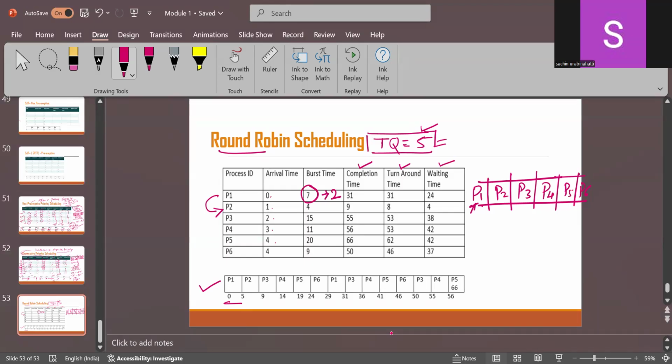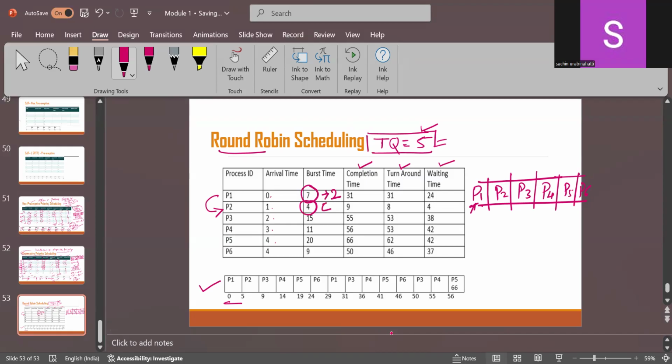Now P2 will take control of the CPU. What is the burst time of P2? It is 4. As the quantum is 5 units of time, it needs only 4 units.